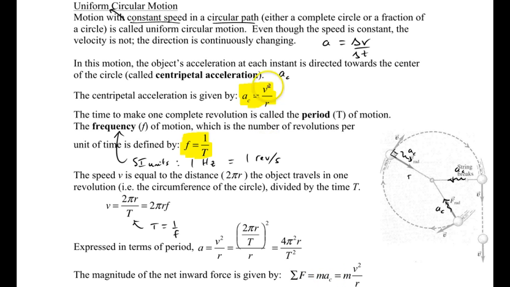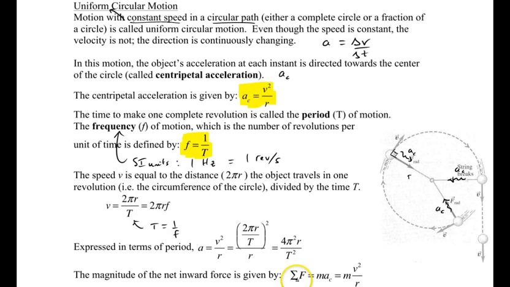So we substitute a sub c with v squared over r, and you get this new sum of F for circular motion, uniform circular motion to be exact. So sum of F is equal to mv squared over r when you're dealing with things moving in uniform circular motion.